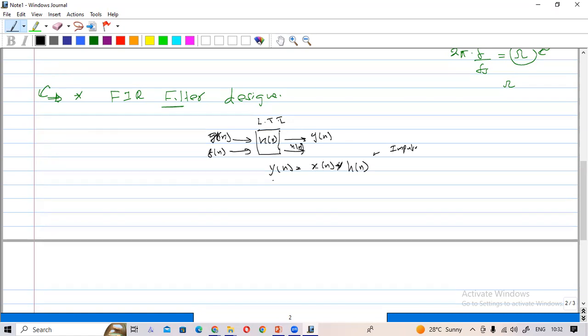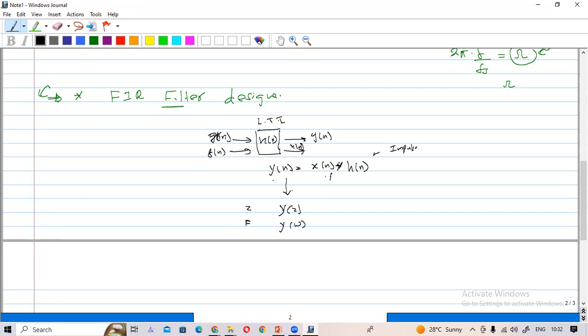So to calculate this h(n), we can use a procedure. If we know y(n), we take the Z transform or Fourier transform of y(n), which will be Y(z) or Y(omega).